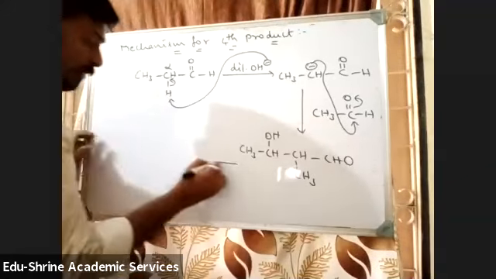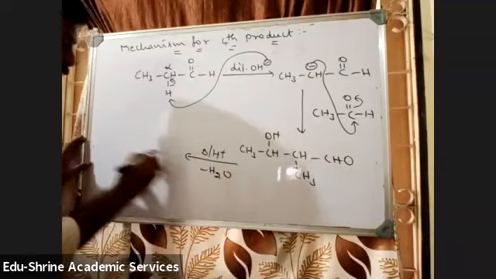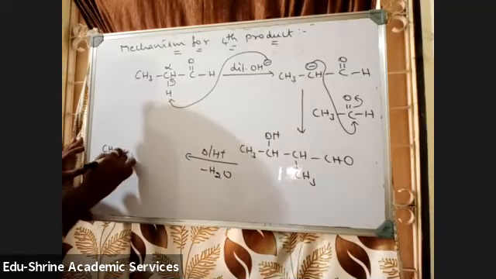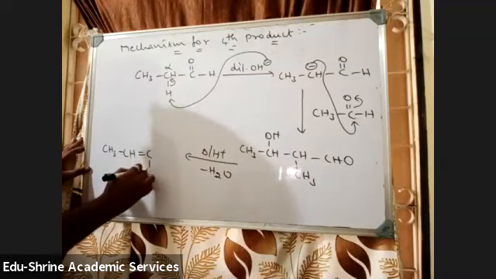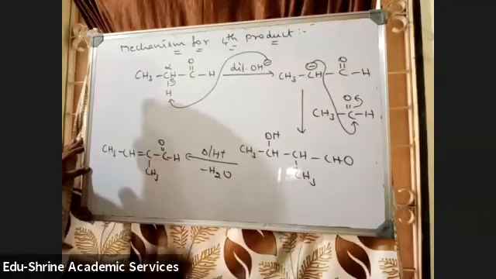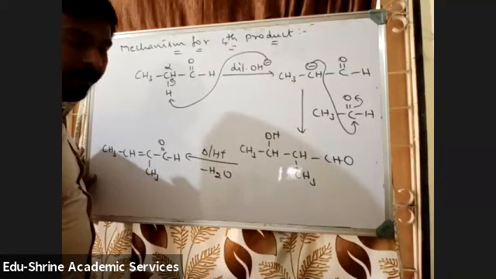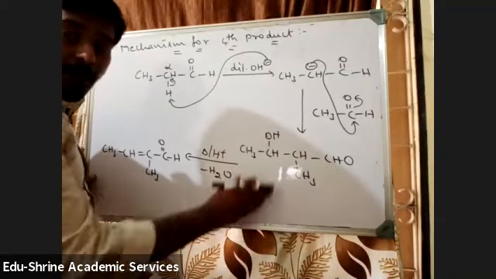From this, on further heating in the presence of H plus, minus H2O, you get CH3, CH double bond C, CH3, CHO. How many of you have written the correct one?